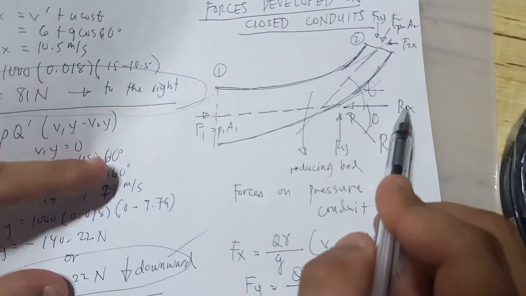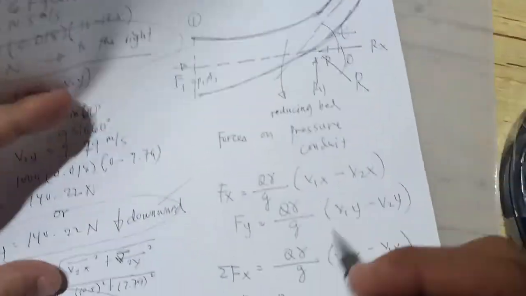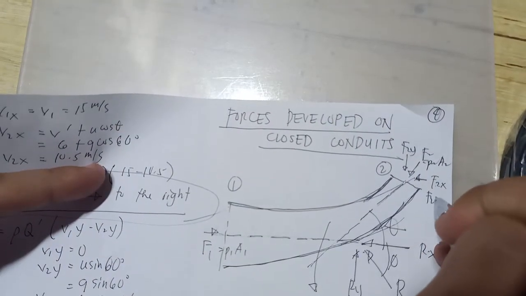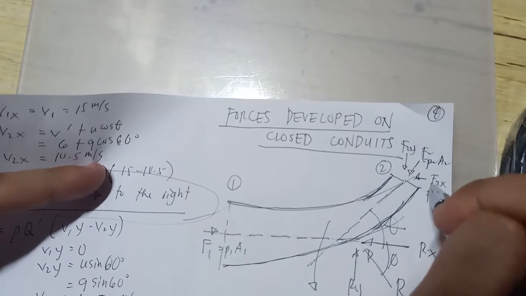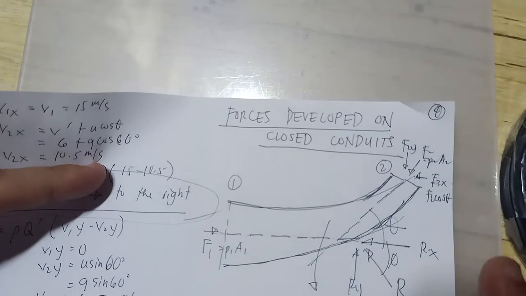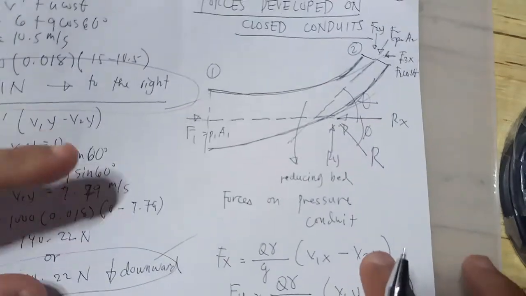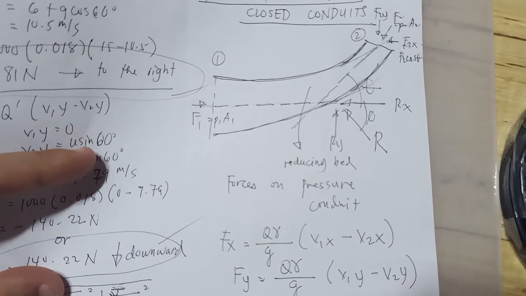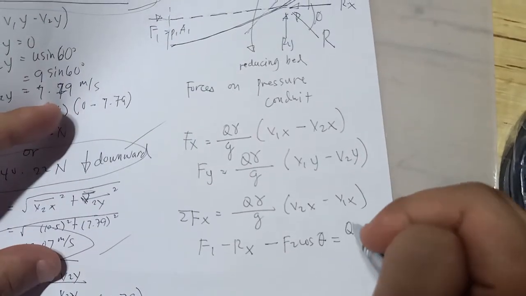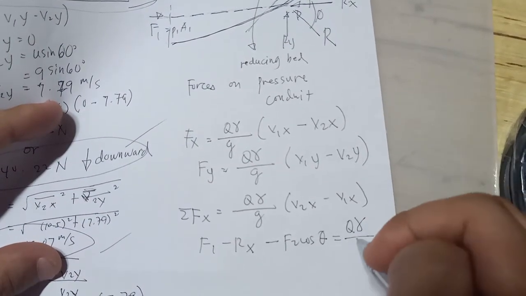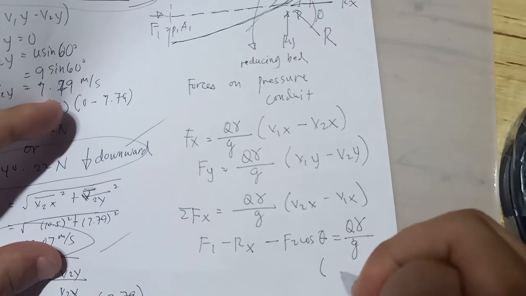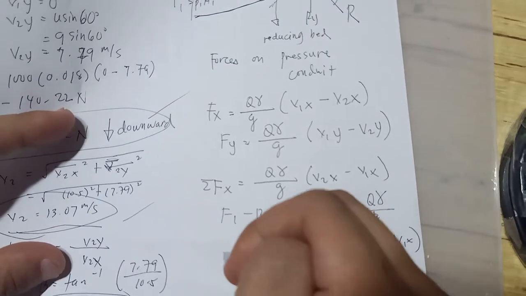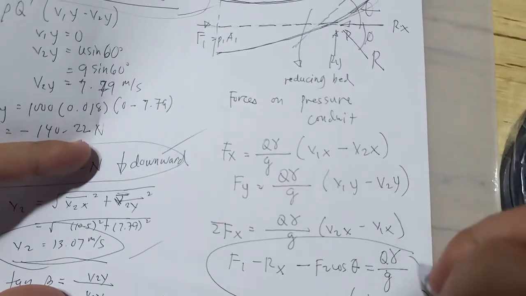F sub 1 minus Rx minus nitong F2, which is cosine na, diba? F2 cosine theta, minus F2 cosine theta equals to Q gamma over G times V sub 2x minus V sub 1x, and summation, so this is very useful, no?